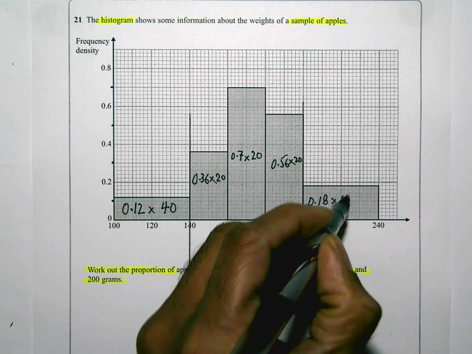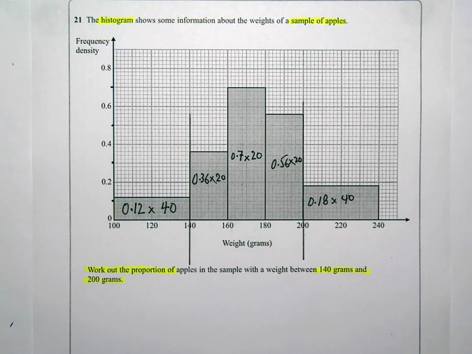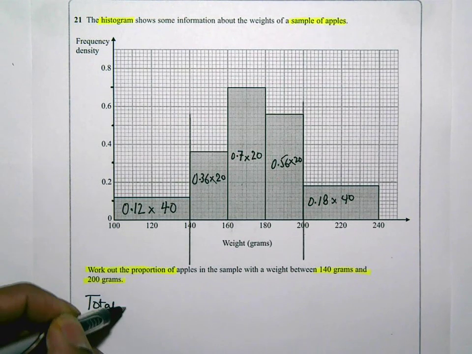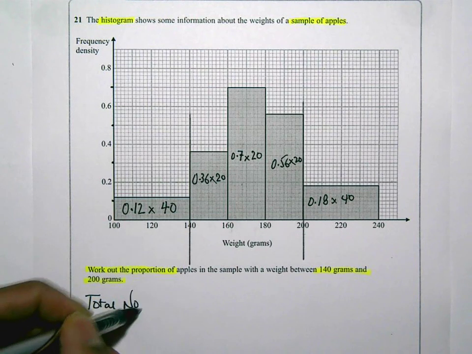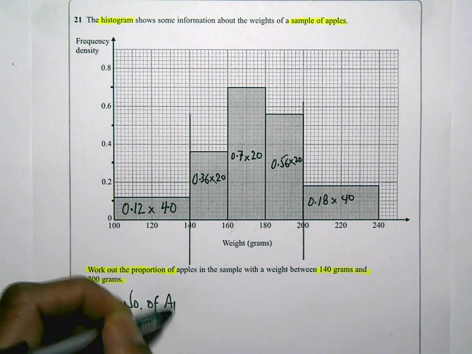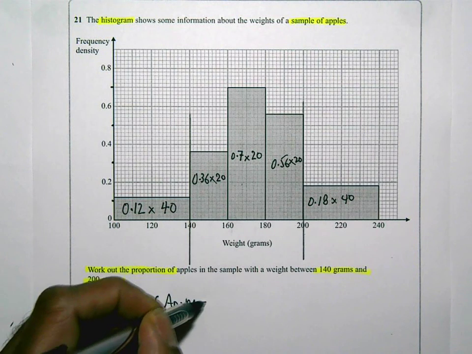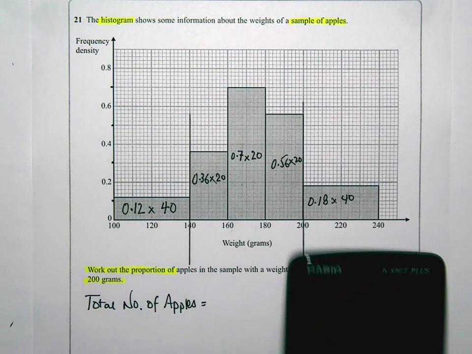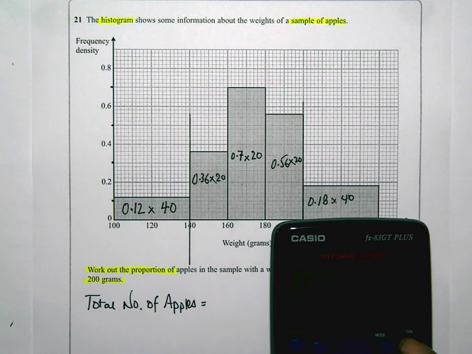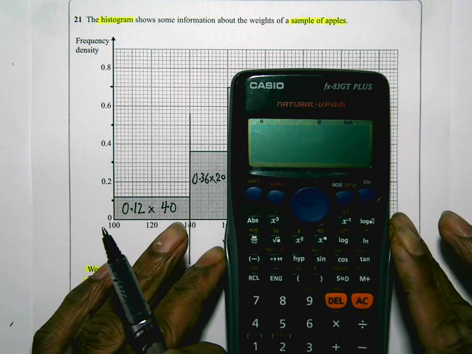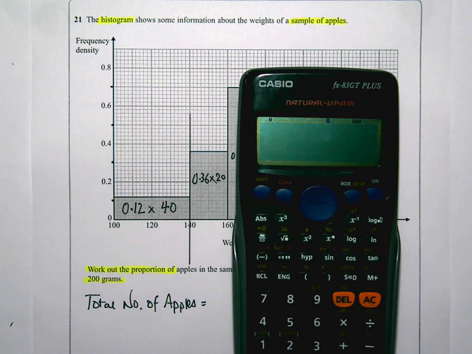Okay, so once I work all of that out, the total number of apples is equal to, and I'm going to work that out and just write the numbers at the top of each. So we can see that there, and that's 0.12 times 40.